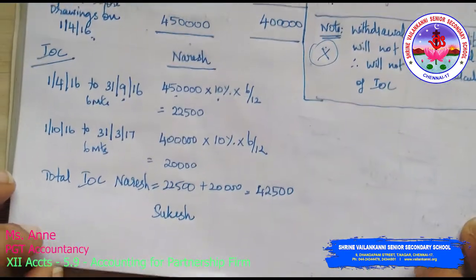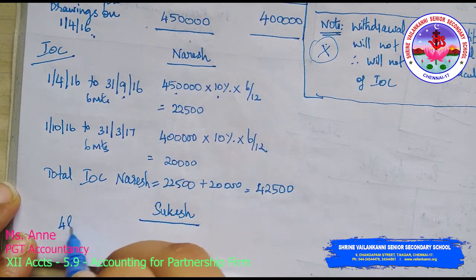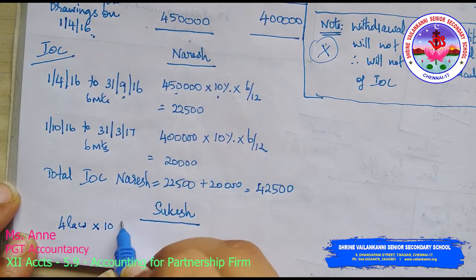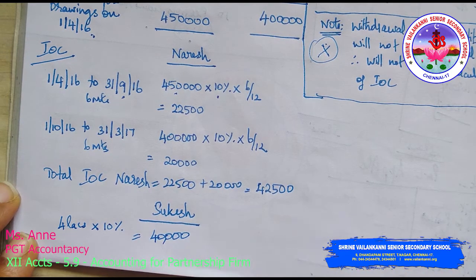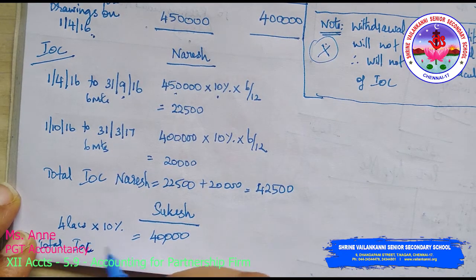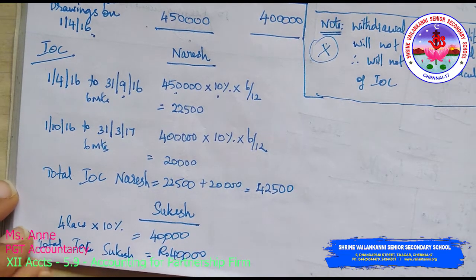So you need to take 4 lakhs into 10% for the whole year. So it is 40,000. So total interest on capital for Sukesh is rupees 40,000.